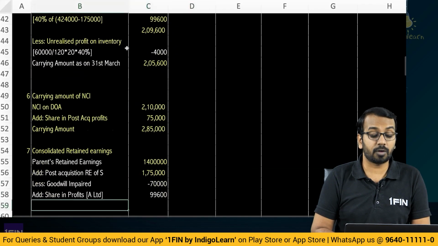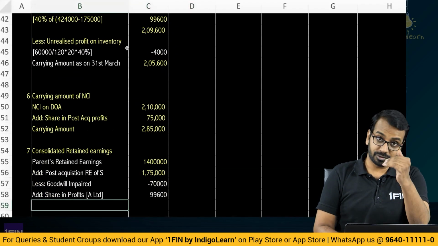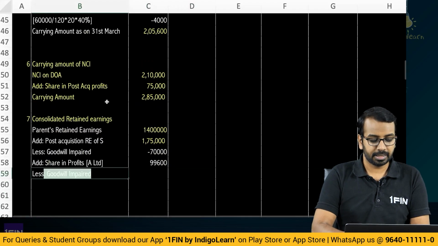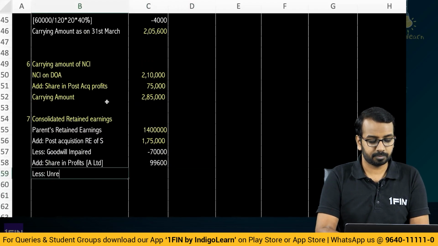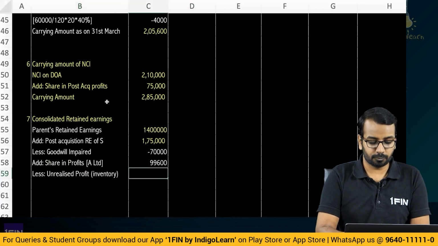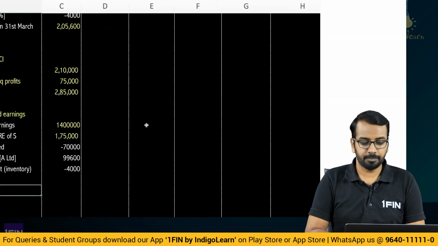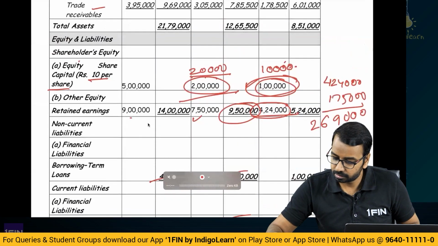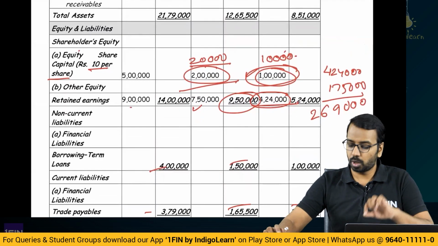Then there is unrealized profit on inventory which we have to reduce. So unrealized profit on inventory, that is 4,000, which we will be reducing. So just to cross check, have we taken everything?